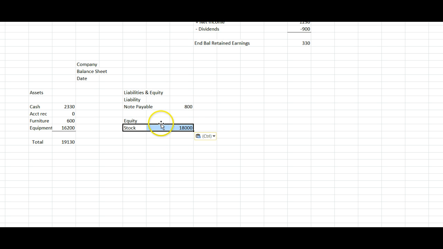Okay. And I'm going to add one more. We came up with a new retained earnings figure. This is where we roll up all our revenue and subtract our dividends. So we've created a new retained earnings number, and that was $330.